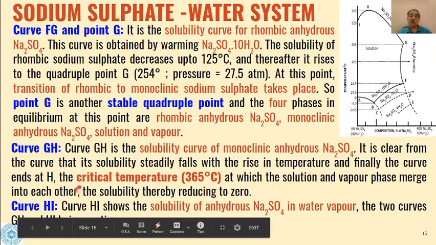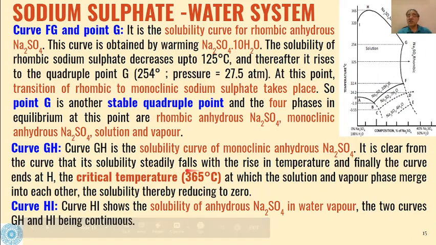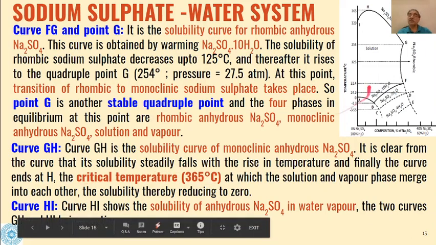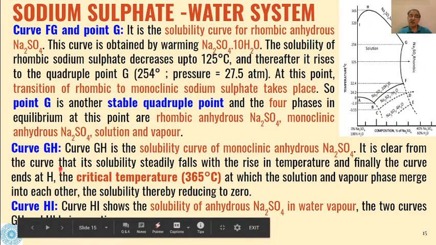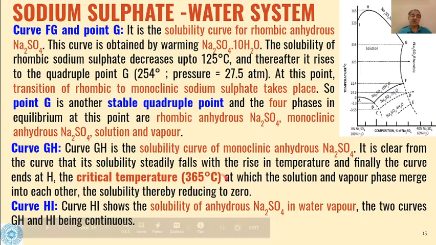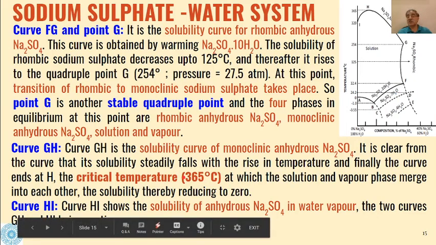So the solubility steadily decreases with rise in temperature, and finally this curve ends at H. And here at H, the critical temperature at which this curve ends is 365 degrees centigrade. At this temperature, solution and vapor phase merge into each other. Therefore solubility reduces to 0.